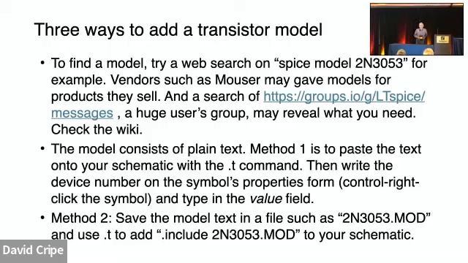Find a model. You can do a web search, like on the SPICE model. For parts that are in production, typically you could go to the vendor site, you could go to Mouser, you could go to DigiKey, and it might give you the SPICE model, the symbol. It might give you the footprint for KiCad and all that good stuff.